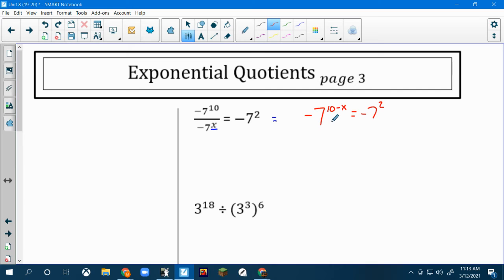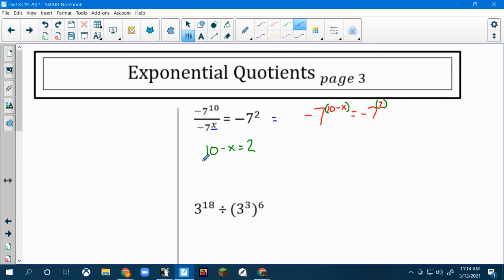So what you're saying here essentially is 10 minus x equals 2. You're taking the exponent on top of the left-hand side, and you want that to equal the right-hand side. And that's just a one-step equation, actually, in this case.